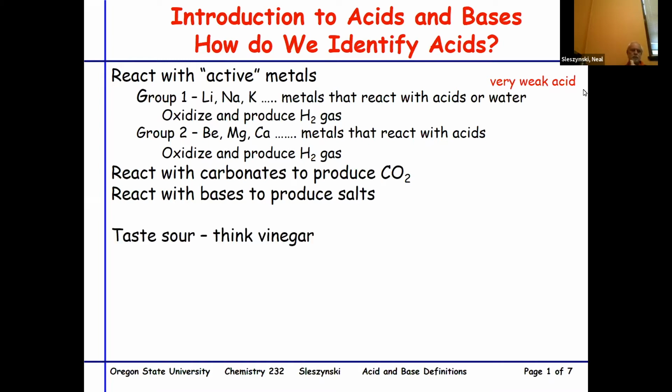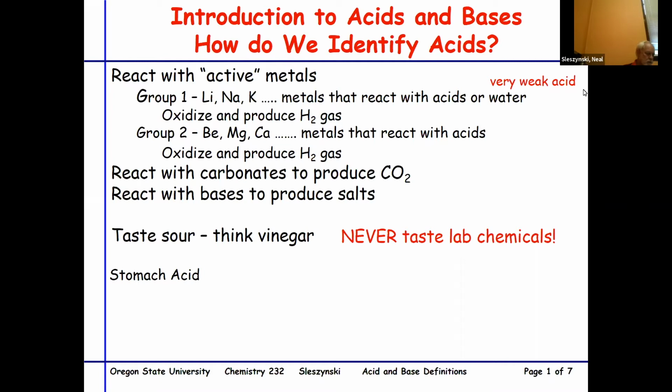If we want to go into our kitchen and think about a common household acid like vinegar, if we taste vinegar, it tastes sour. Of course, because of safety considerations, we never test lab chemicals and are not recommending that here. In biological systems, we find acids in places like our stomach.